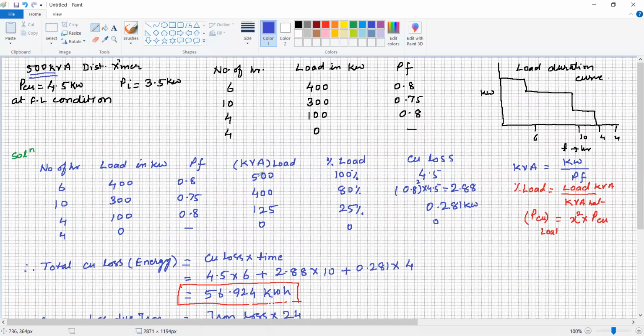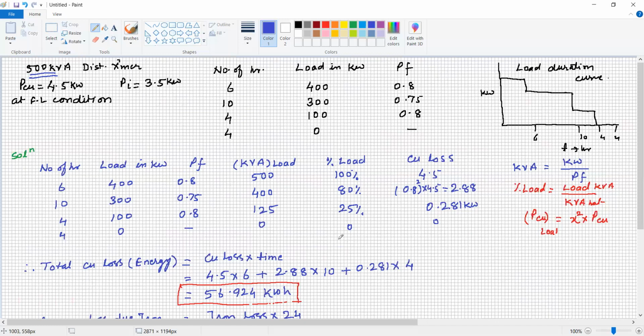Why calculate the percentage load? To calculate the copper losses at different load conditions. Iron losses will remain the same. Copper losses differ at different load conditions.